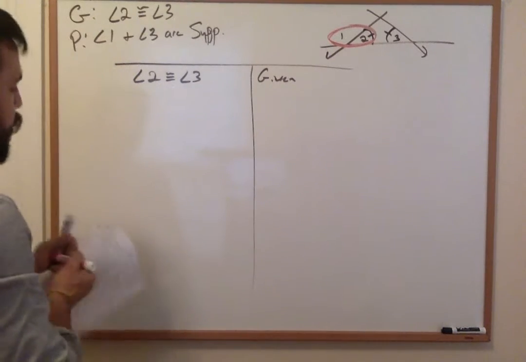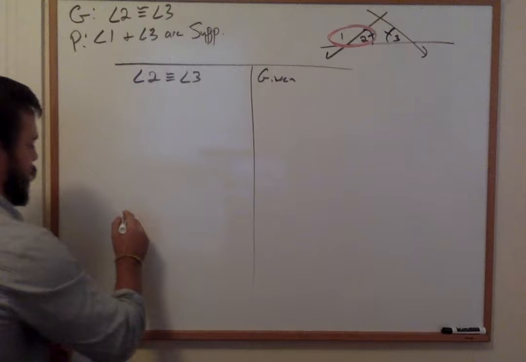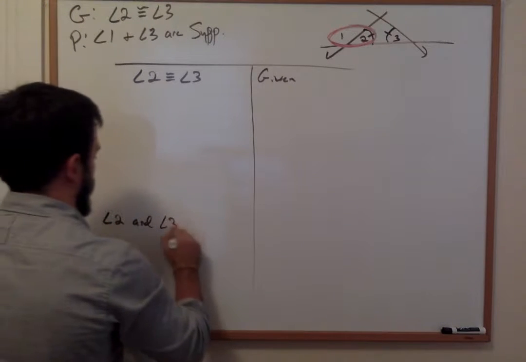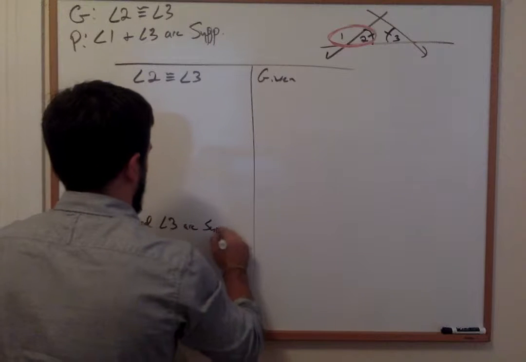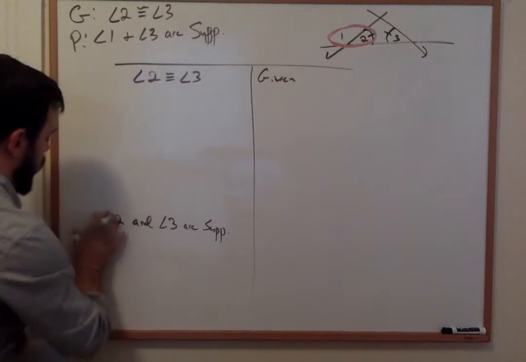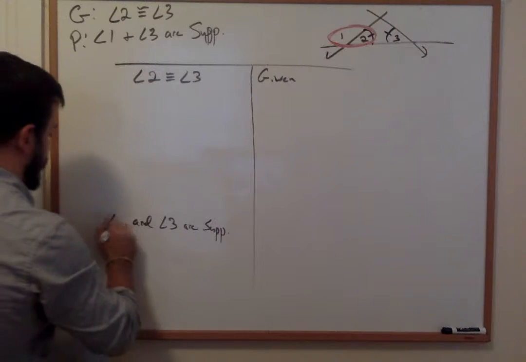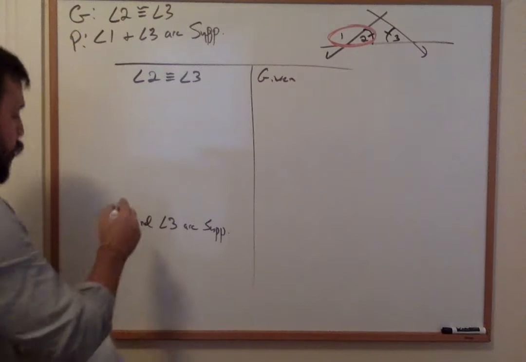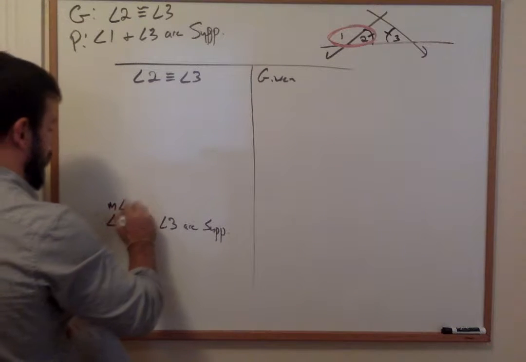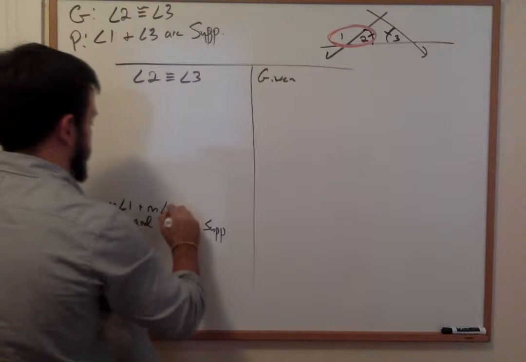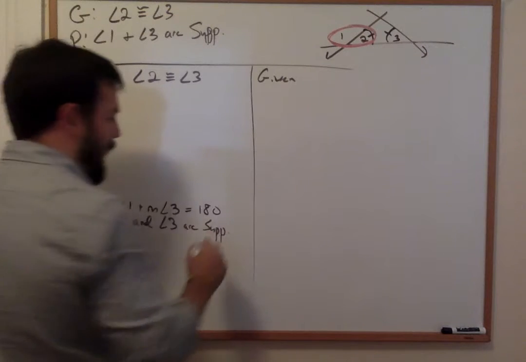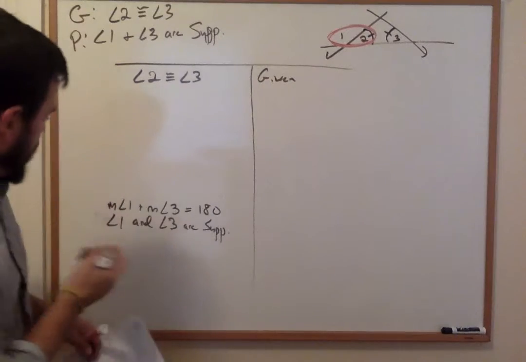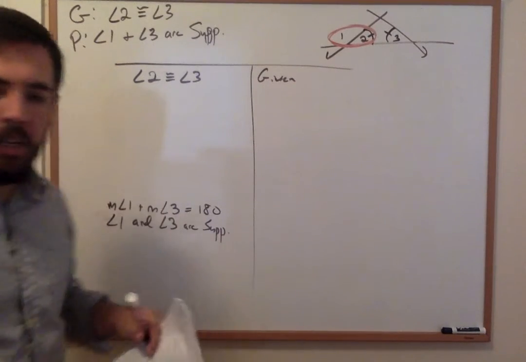So we need to prove that angle 1 and angle 3 are supplementary. And how do we show they're supplementary? Well, we need to show that the measure of angle 1 plus the measure of angle 3 equals 180. So I'm kind of working backwards a little bit to create even more of a link to what I need to do.